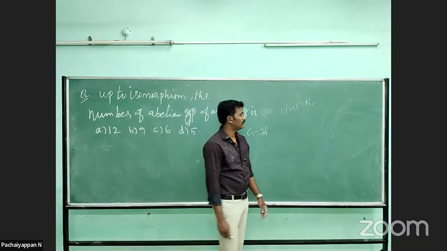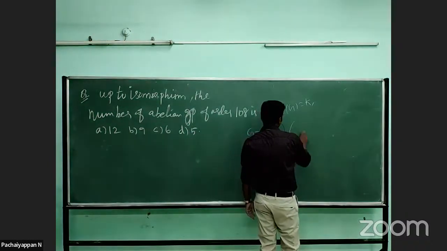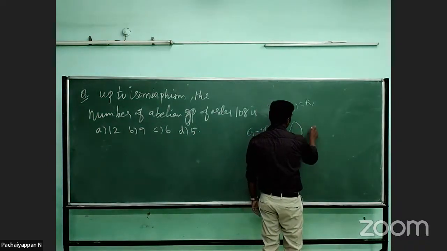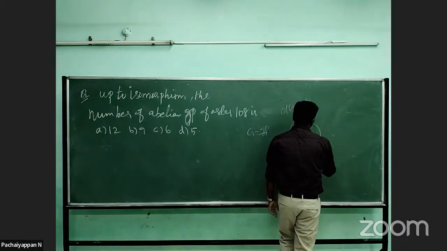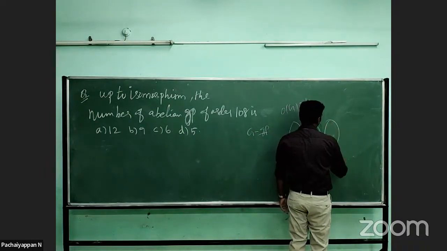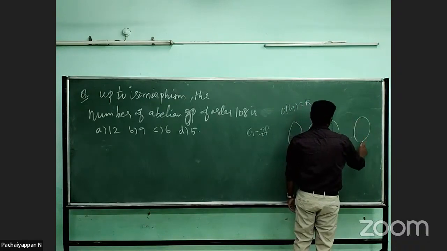Isomorphism means, suppose this is group G1, G2, G3, and so on, some Gr.